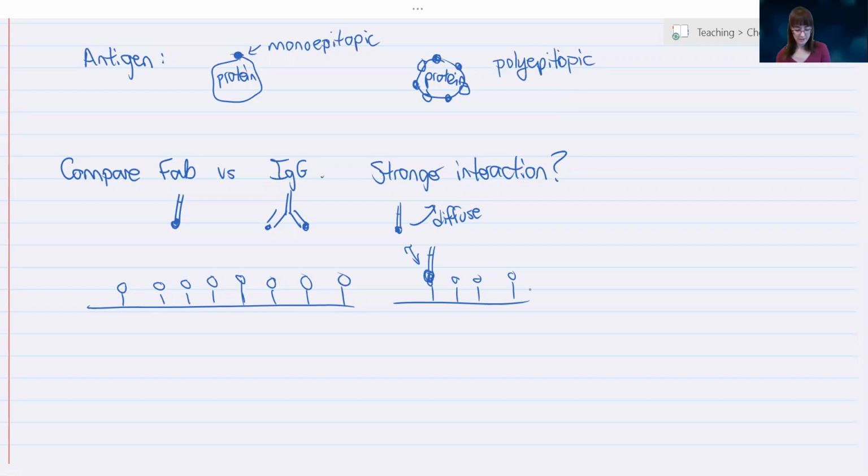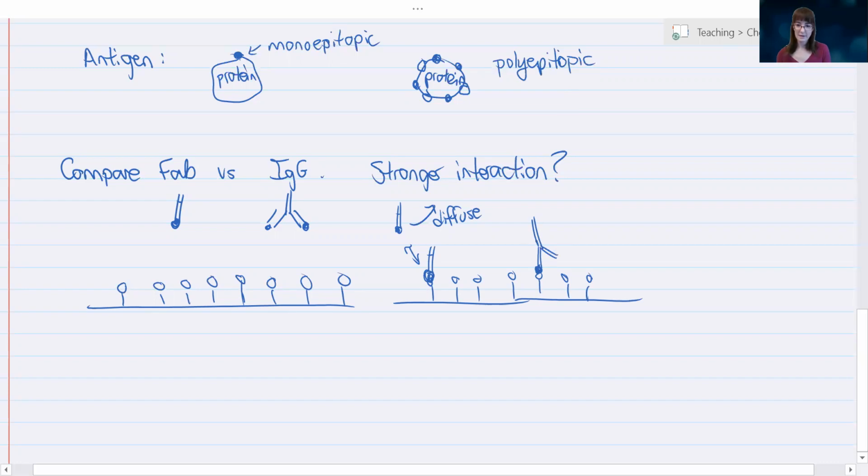In contrast, the antibody, once it gets bound at one site, and so now we have this interaction here, is going to be in equilibrium with its next state, where now it can actually be anchored at both sites to the antigen.